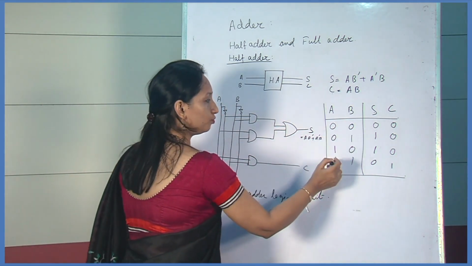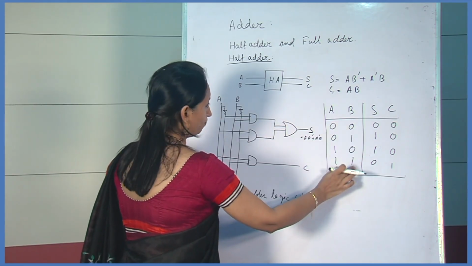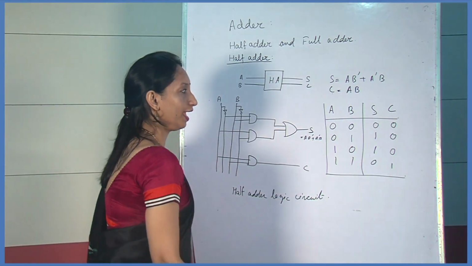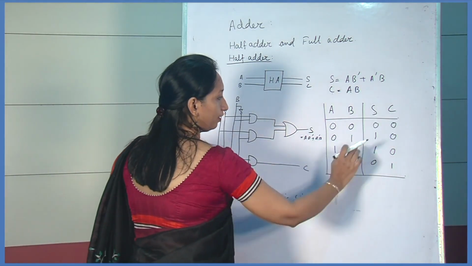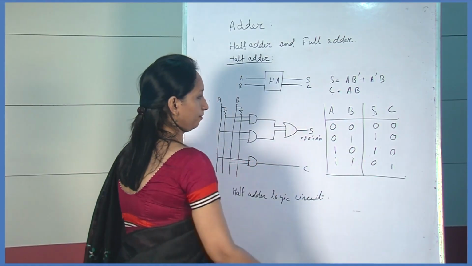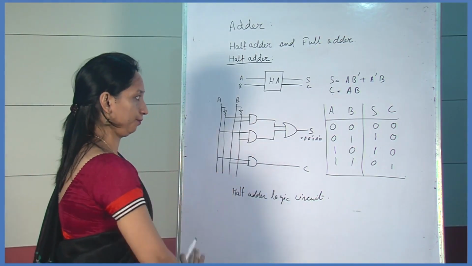When both inputs are equal, either 0 or 1, the sum output is 0. For the carry output, when both inputs are 1, the output is high. So this is the logic circuit for the half adder.